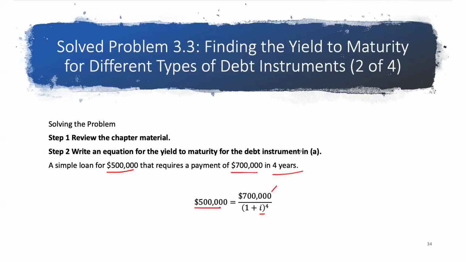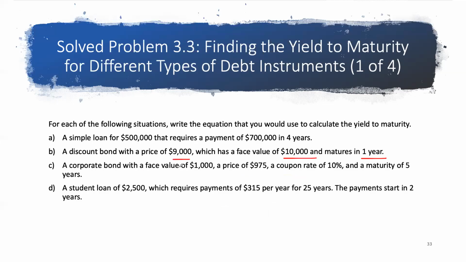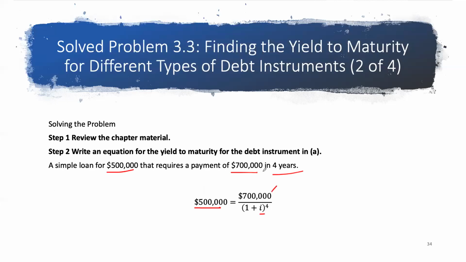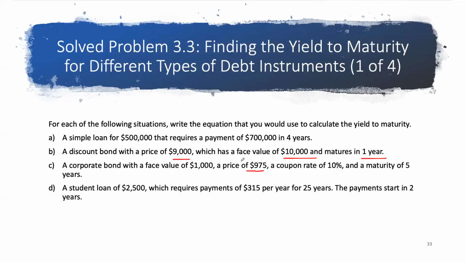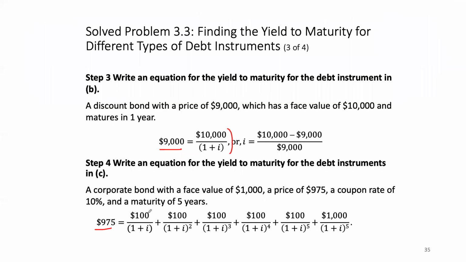Okay. What about the third case? It's a corporate bond with a face value of $1,000, price of $975, coupon rate of 10%, and maturity of 5 years. It's slightly more complicated, but not that much. The price is the value today, so that's $975. The next part is that it is for 5 years and the coupon rate is 10%, which means that it has to make 5 coupon payments, one for each year.